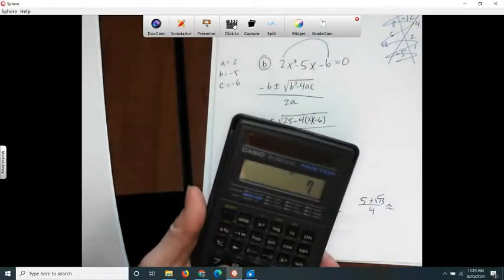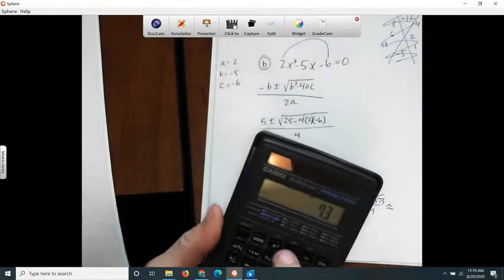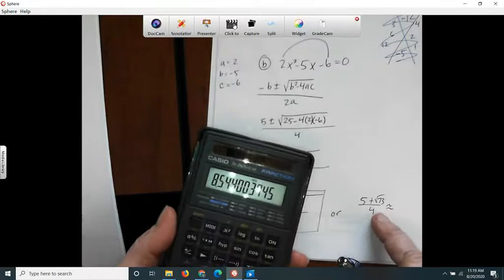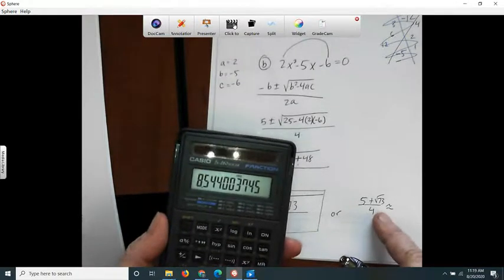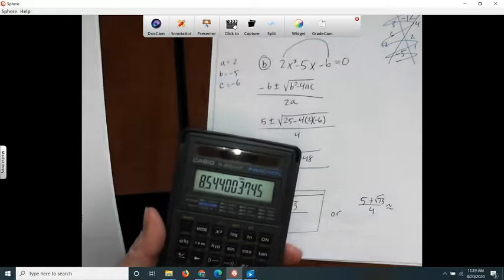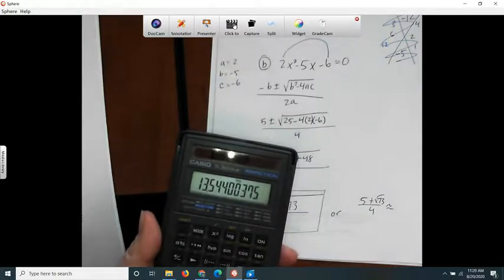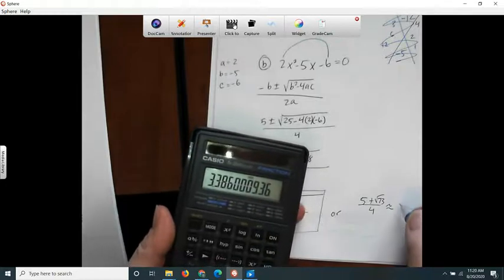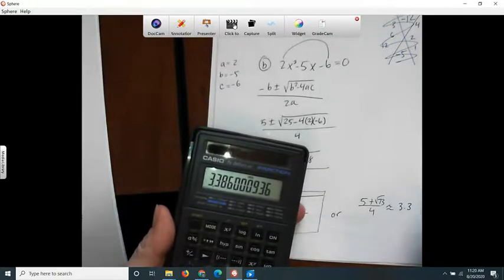So the square root of 73 is about 8.5-ish. I wouldn't round it though, I would leave it in my calculator. And then divide by 4. So that's about 3.39-ish.